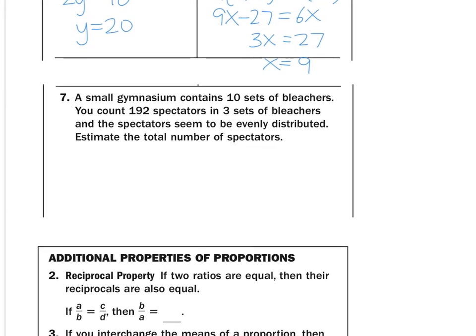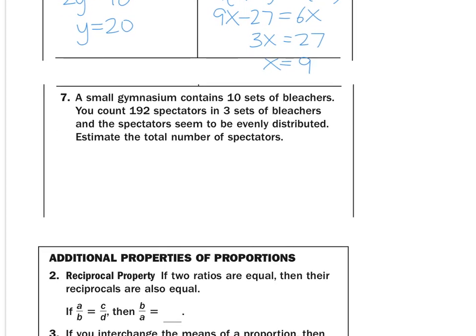And our last example here, you want to set up a proportion and estimate the number of spectators.